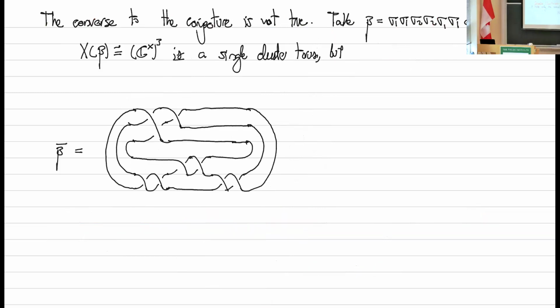We can't fix this statement. So if you take this beta, sigma 1, sigma 1, sigma 2, sigma 2, sigma 1, sigma 1, the cluster variety is a torus. So it's just 3 frozen variables completely disjoint from each other. So in this case, the cluster variety is equal to the cluster manifold because they're both just a single torus. But if you look at this braid, you have 2 connected components.